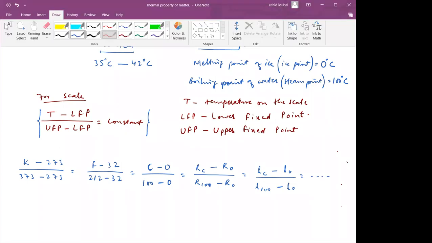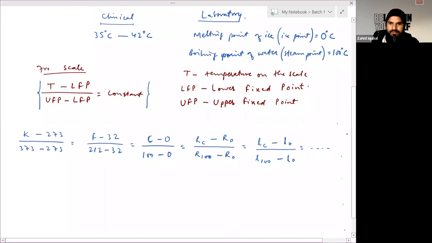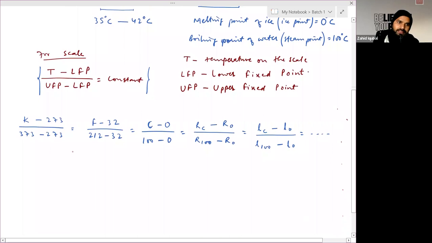Now, related to this part, you will be asked: find the numerical value at which Kelvin and Fahrenheit are numerically equal. Find the temperature at which Kelvin equals Fahrenheit.